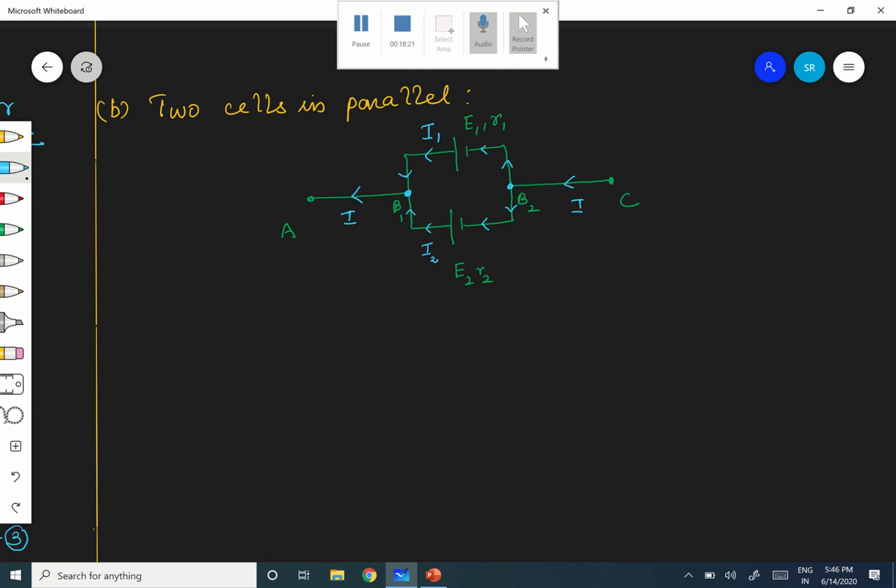Both I1 and I2 join, and the total current drawn from the two cells is I, which passes through the point A.